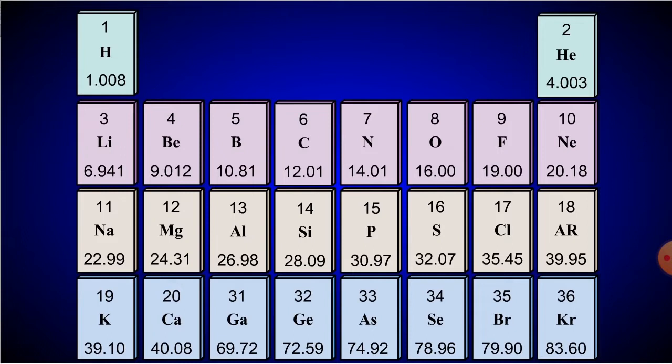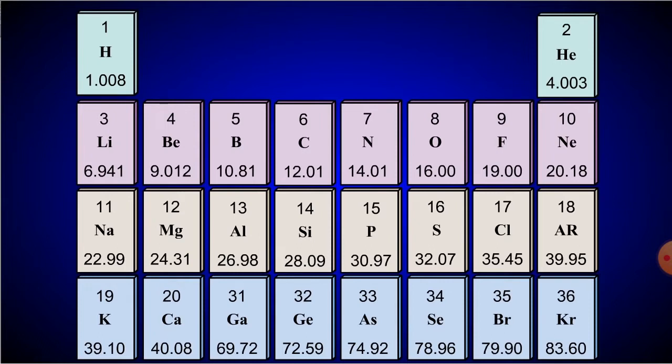So it is a specific property for the atom of the element. From that we can know that hydrogen has 1 proton only. Lithium has 3 protons. Beryllium has 4 protons, and so on.